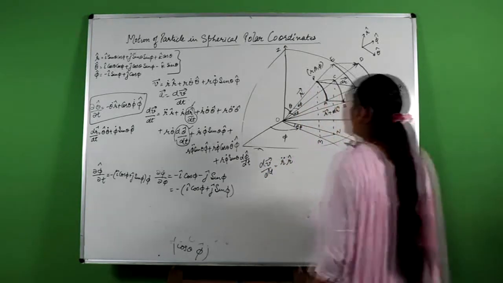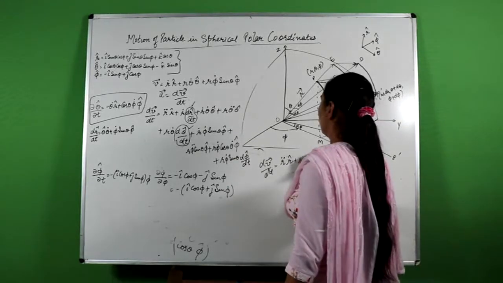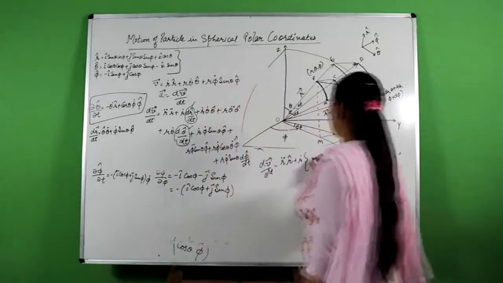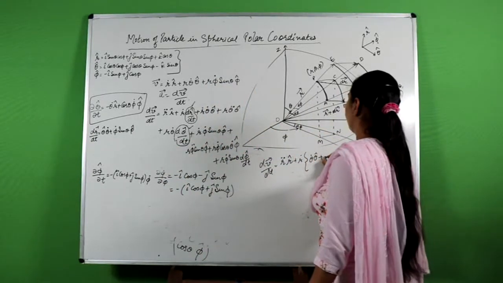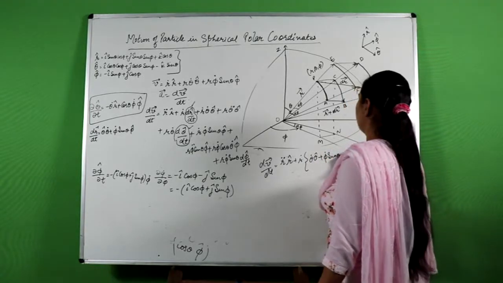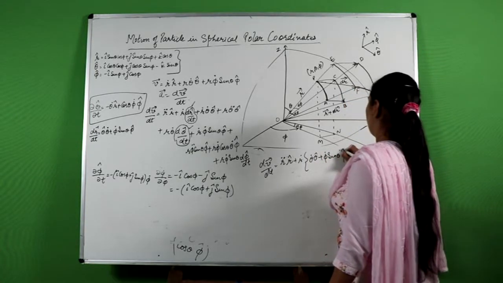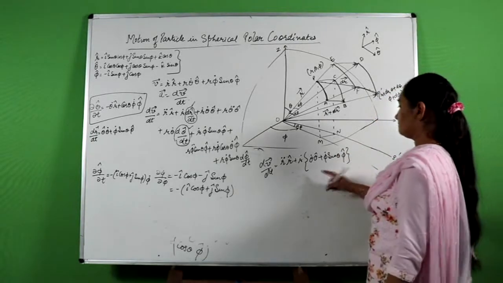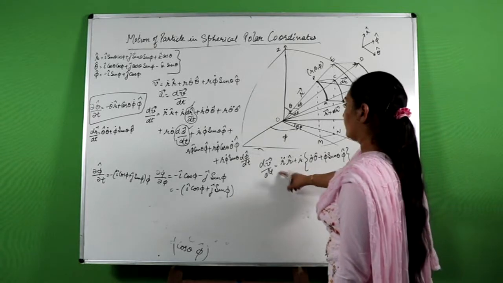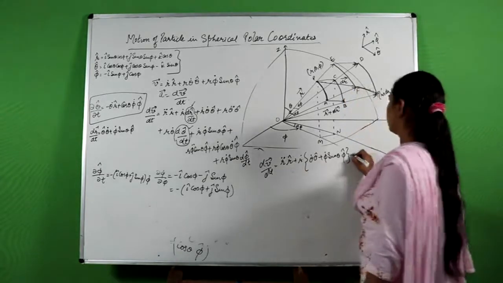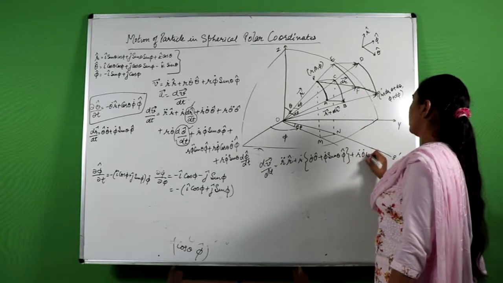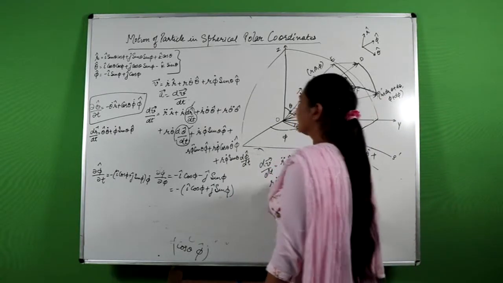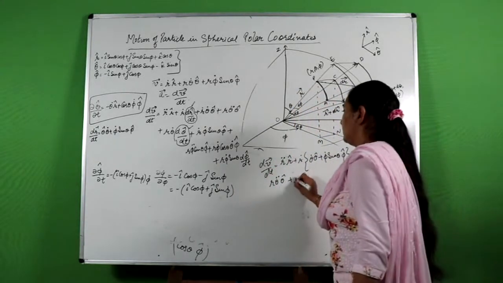r double dot r cap plus r dot, what is the value of dr cap by dt? This is theta dot theta cap phi dot sin theta phi cap, plus r dot theta cap plus r theta double dot. This is a bit lengthy. r theta dot.